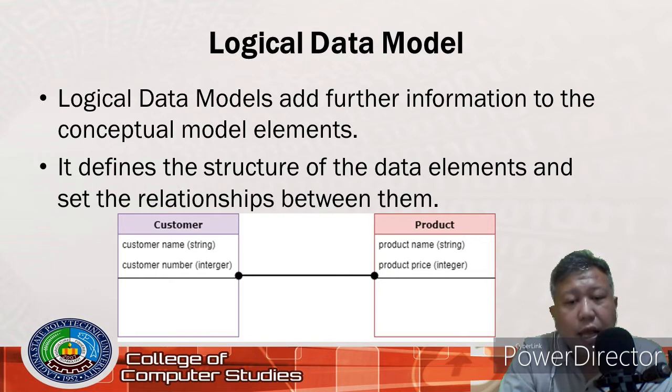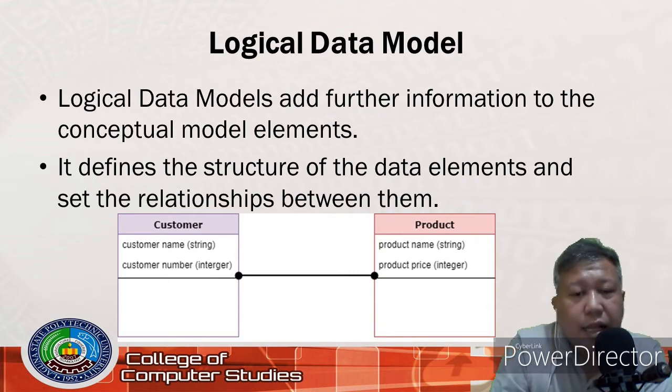Same pa rin na attributes, customer name and customer number, and product name and product price, pero nilagyan natin ng specific na data type. For example, yung customer name string, customer number is integer, product name string, product price is integer.